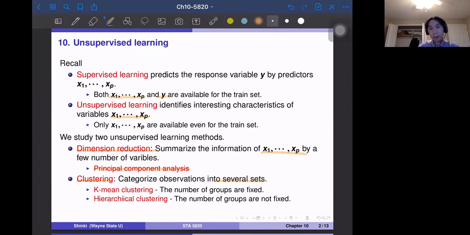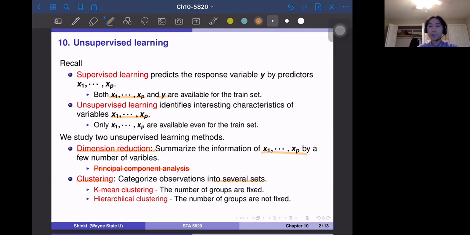Classification is also sometimes supervised learning. For example, if each observation has a label, then that is supervised learning. But sometimes it does not have a label. But you can see, for example, that you can distinguish 50 tigers and 50 squirrels because their weight and height are totally different.